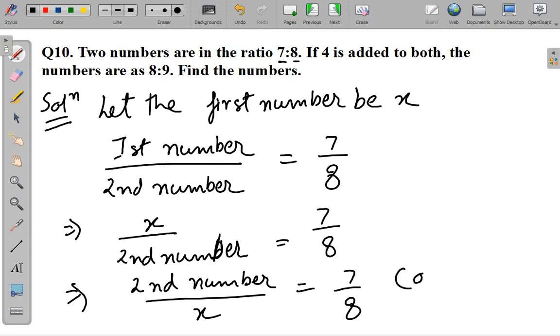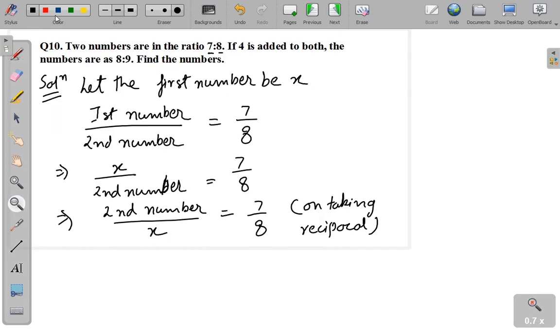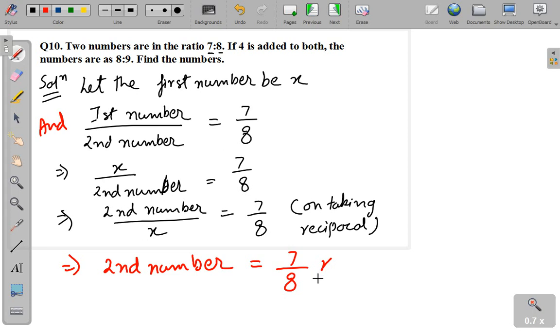Now, on taking the reciprocal, I did not do the reciprocal on the right hand side, right?